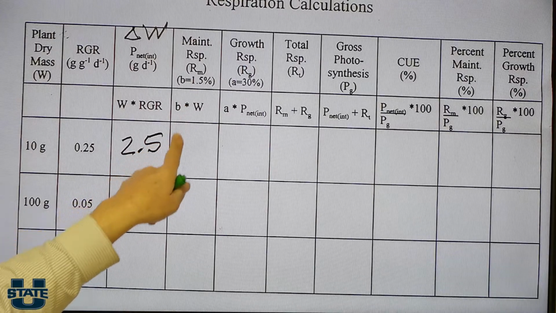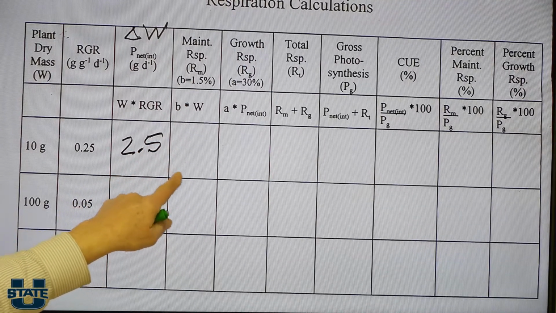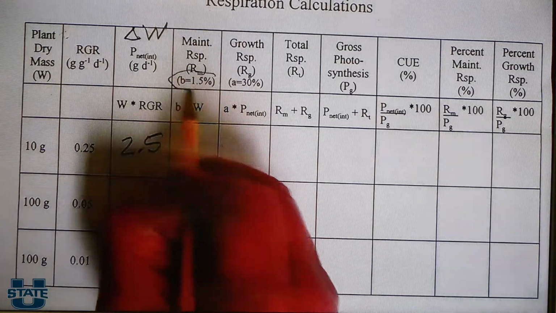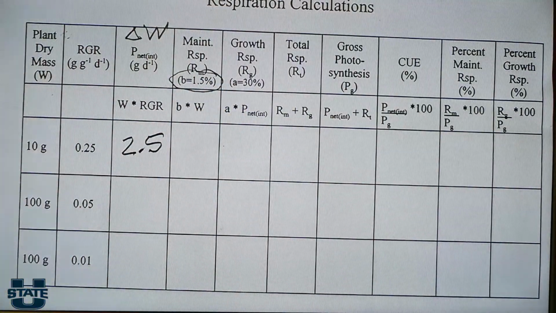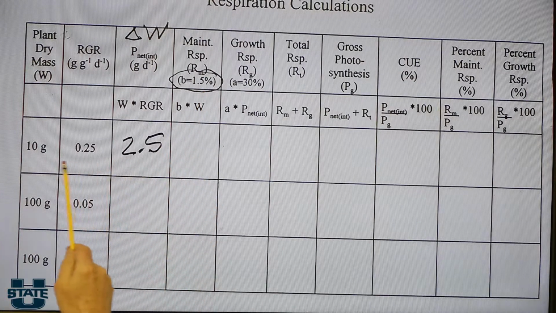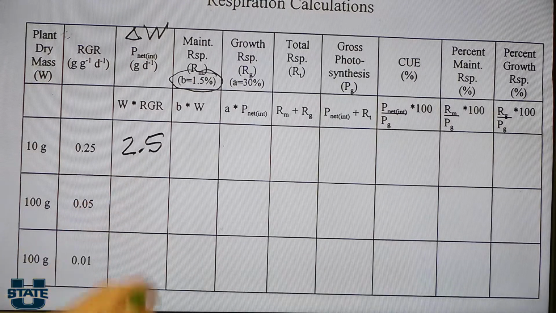Now it's got to pay maintenance respiration. So in this example, you can see it right there, 1.5% is what we're assuming. So somewhere in between these numbers, it had to pay maintenance respiration on this 10 grams of plant. Not the growth rate yet, just the 10 grams.